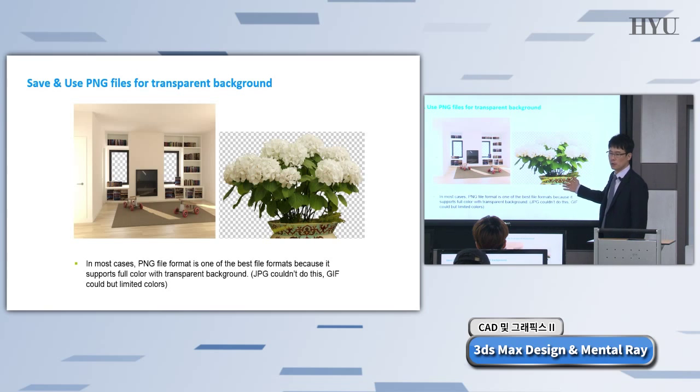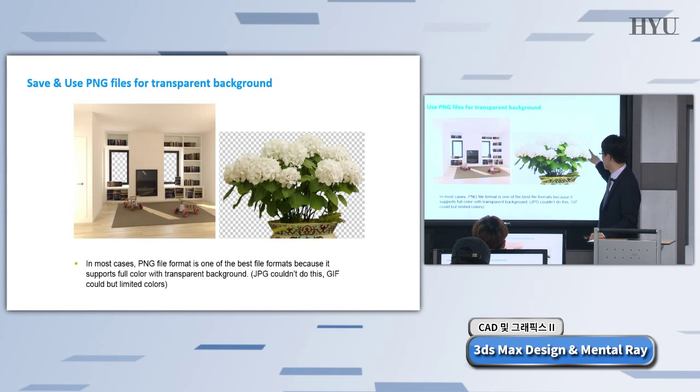It has full color and transparent background, but its file size is still low, not that big. That is why PNG is the recommended file format in this type of rendering. Also, GIF is another famous and common file format, especially for the web.